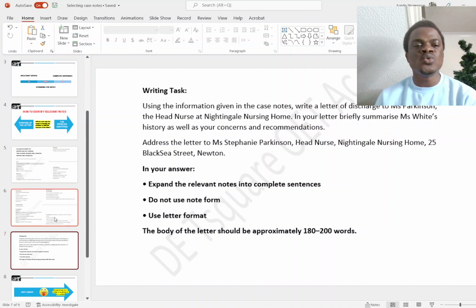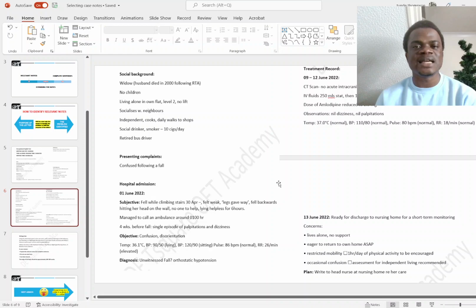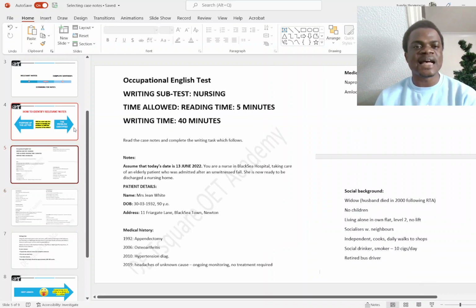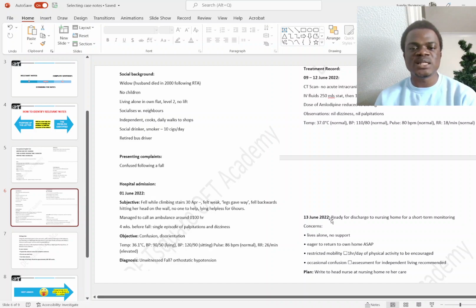So what you do, you go back to the last date in that case note, usually the day you are writing that letter. For example, in this letter, today's date is assumed to be the 13th of June, 2022. Therefore, we go to 13th of June, 2022, which is today, and then we check to see the summary of what we want the reader to do for this patient. Here it says this patient is ready for discharge to nursing home for short-term monitoring.